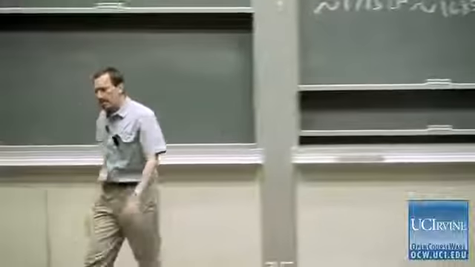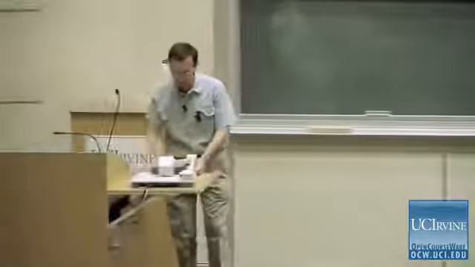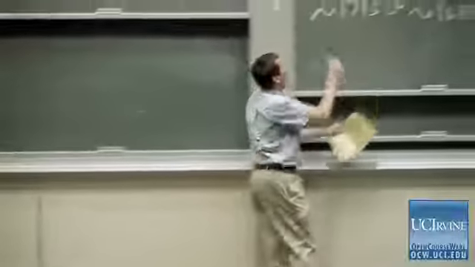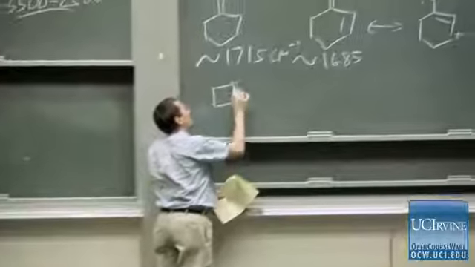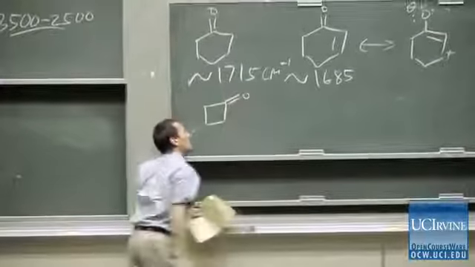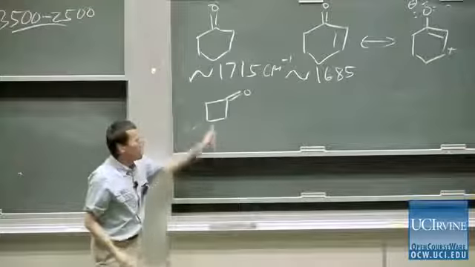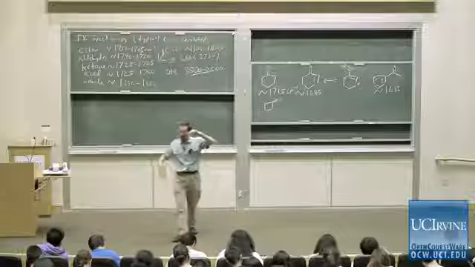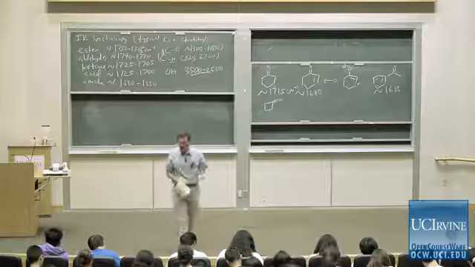Now, another thing that can change the carbonyl stretching frequency is ring strain. So if you take a look, instead of at cyclohexanone, at cyclobutanone, now you've got a four-membered ring. And of course, the bond angles in a four-membered ring are much smaller than in a six-membered ring.